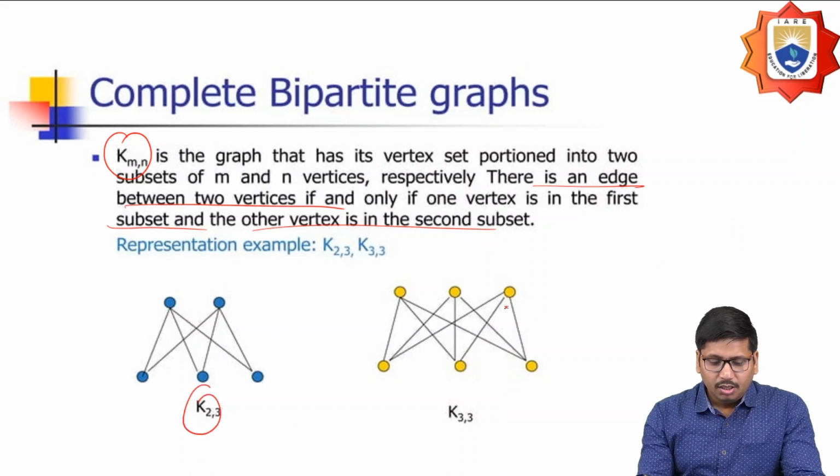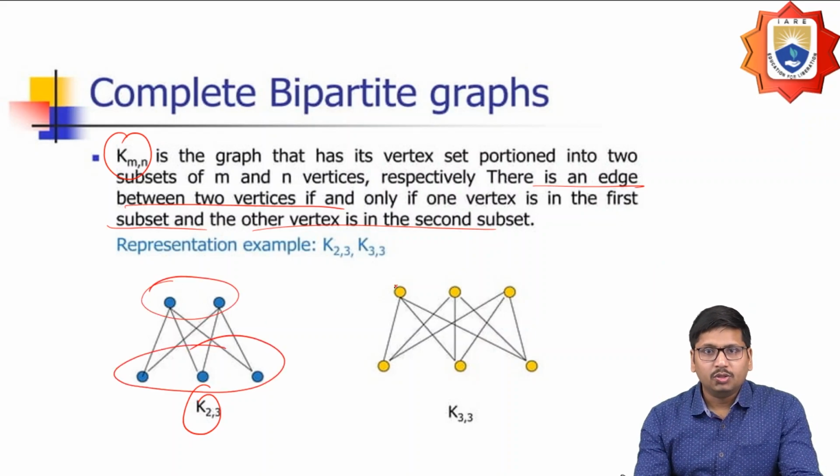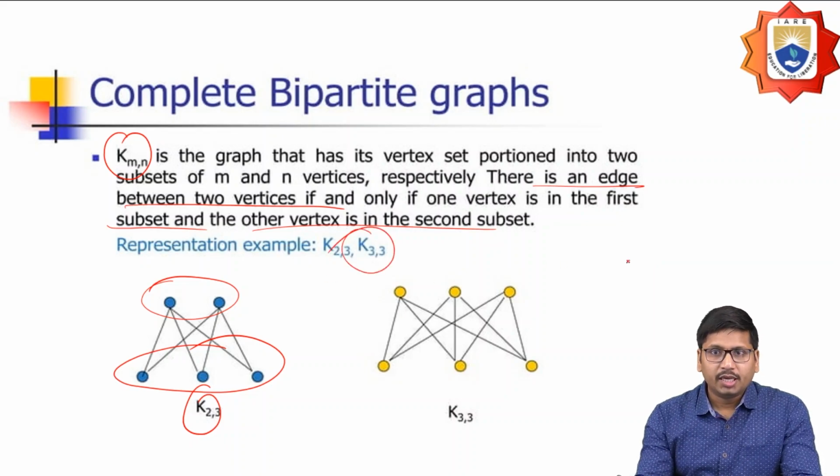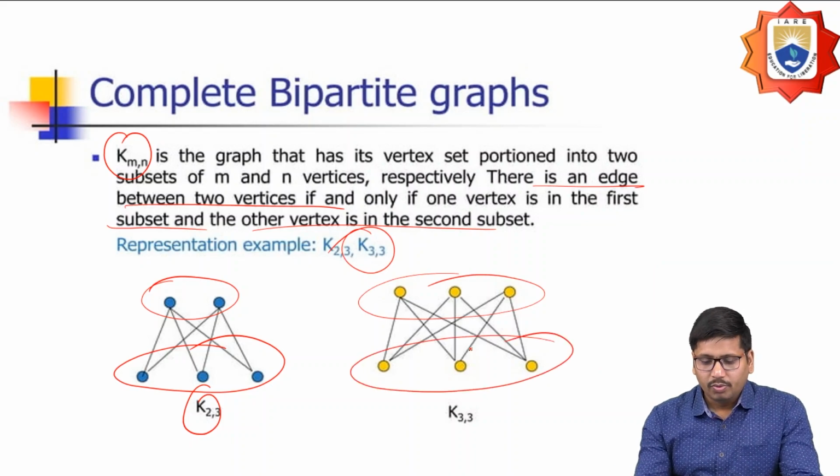So whenever I consider a complete bipartite graph, there exists a mapping between the two sets of vertices. Similarly, K3,3 means the mapping exists between a vertex set of three vertices and another vertex set of three vertices. Like this, the mapping is done in the complete bipartite graph.